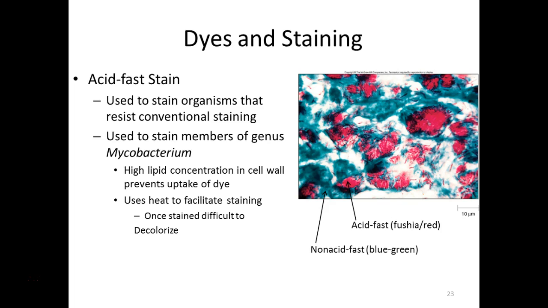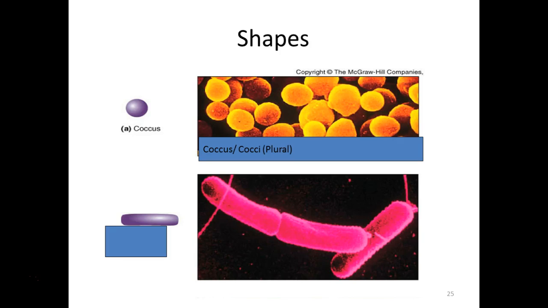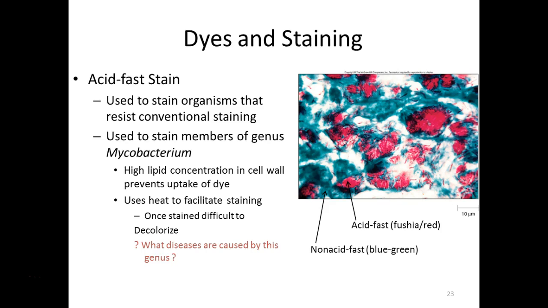Tuberculosis, I have it on here. So we stain organisms, and these guys are really hard to stain because of this waxy substance, which I'm realizing I don't have the name of it. Shame on me. Mycolic acid.